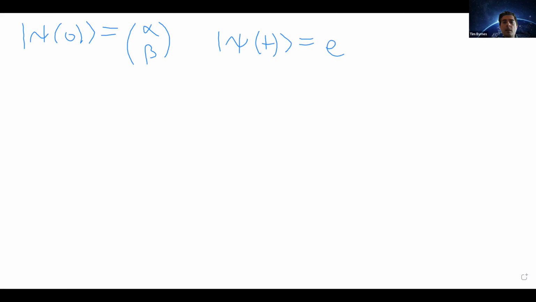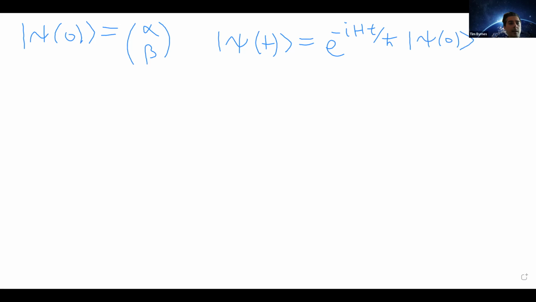Let's do that calculation. So the initial state I've said is alpha beta. That's our initial state, and Schrodinger's equation says that the final state is going to be e to the minus i H t on h bar, multiplied by the initial state.